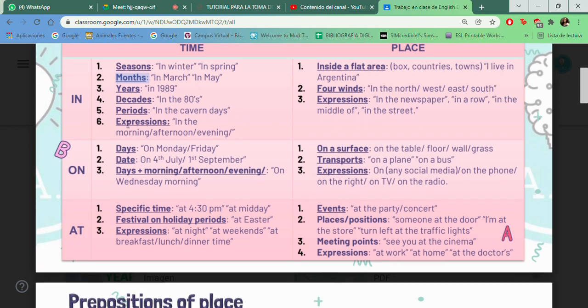Then we have specific expressions: in the morning, in the afternoon, in the evening. Now, on we use it for a specific day, for example, birthdays, Christmas Day, a date, the days of the week, a day and a time of day like morning, afternoon, evening.